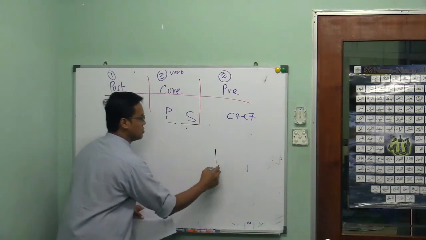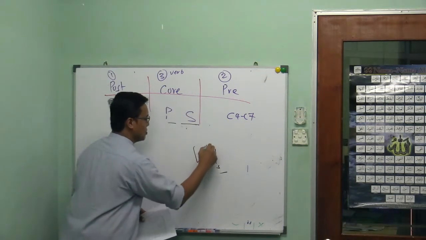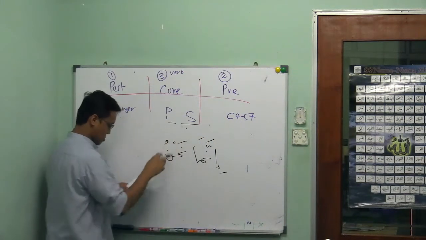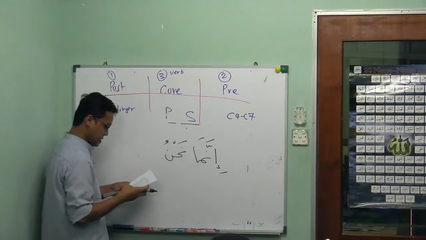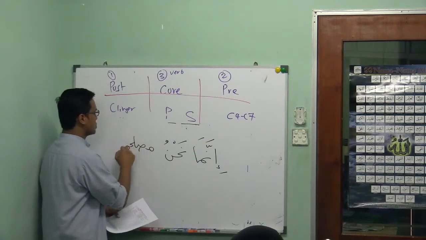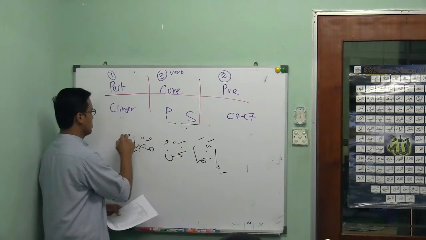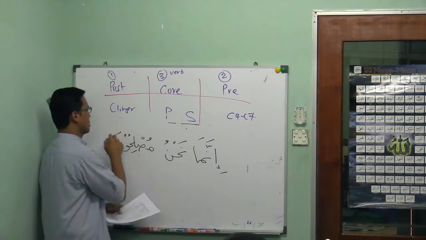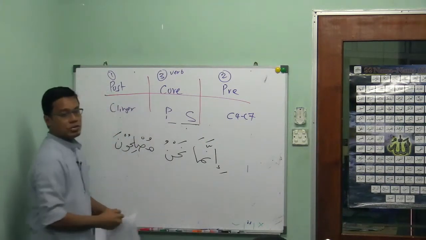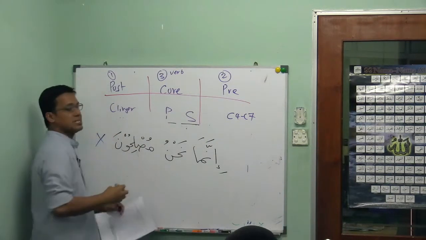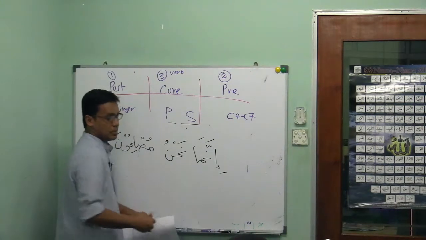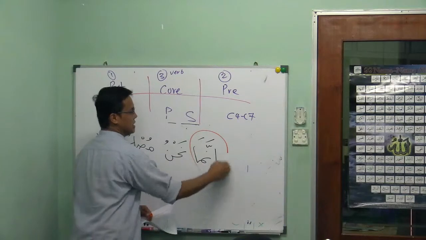innama nahnu muslihun. What's the meaning of innama? Number 8. Innama nahnu muslihun. Any clingers? No clingers, no preposition, right? Any pre? Innama.